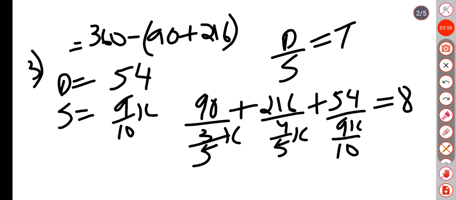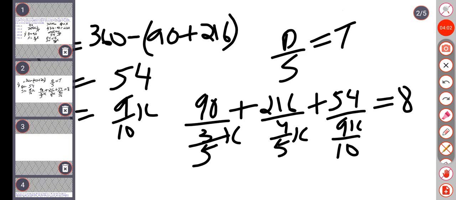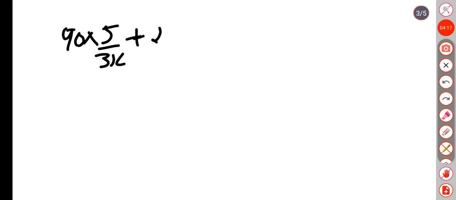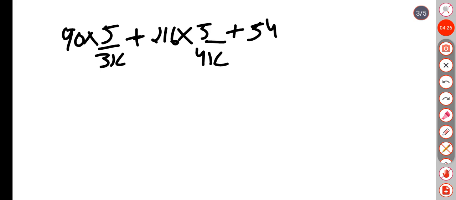Now from here we will total all the distance by speed. So if you convert it, then you get 90 into 5 by 3x plus 216 into 5 by 4x plus 54 into 10 by 9x.